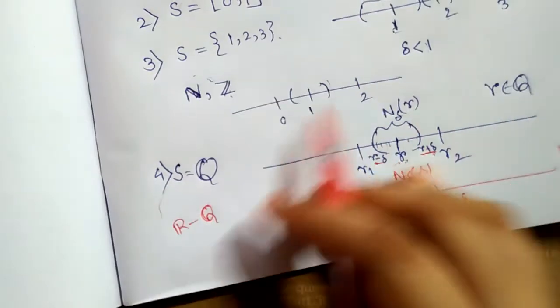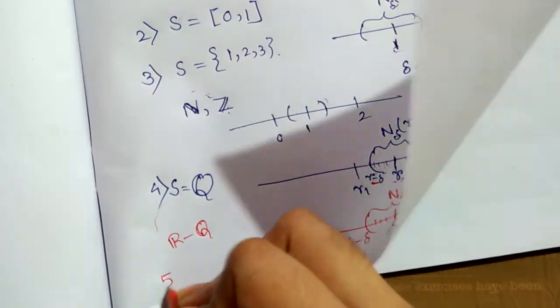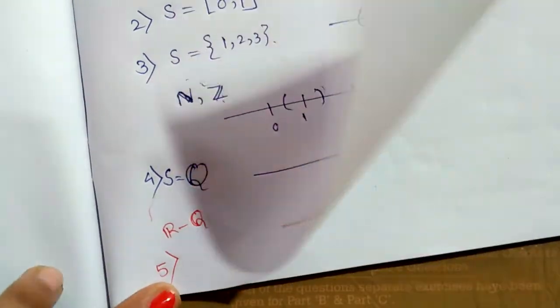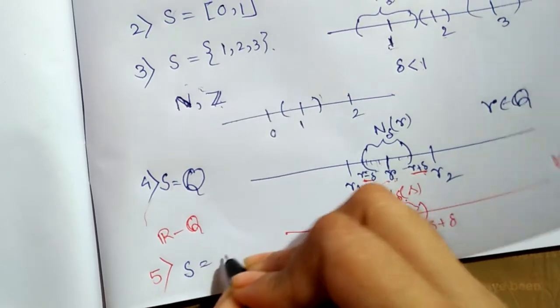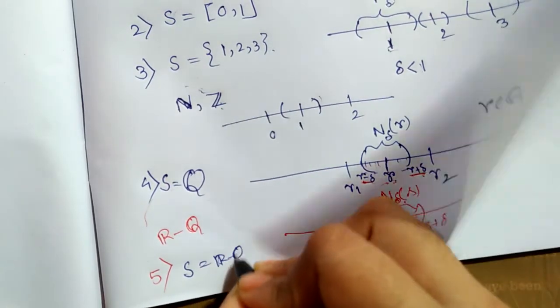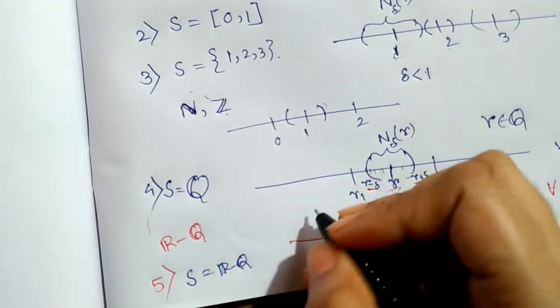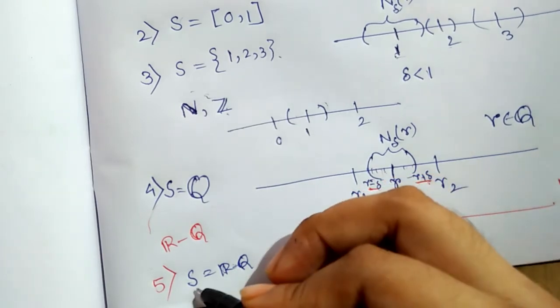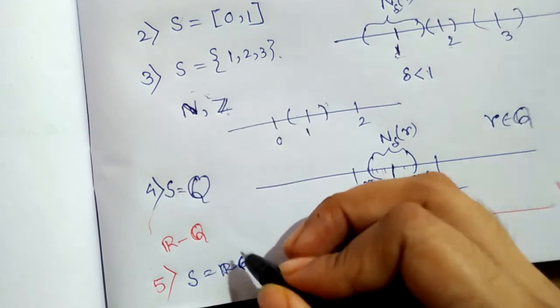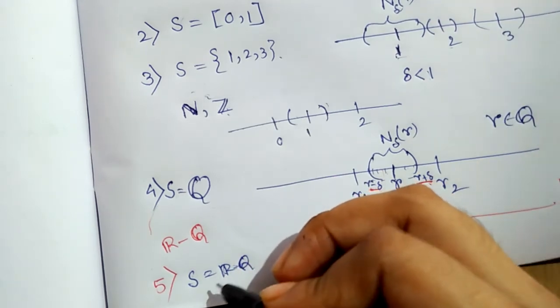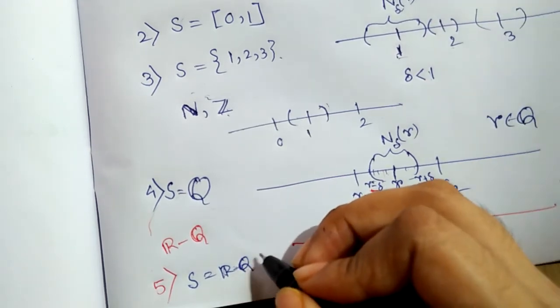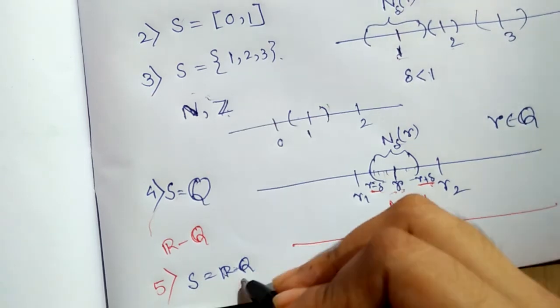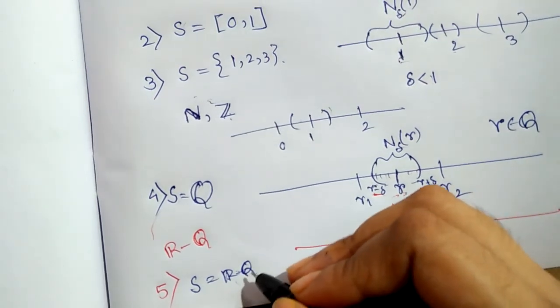Now if we take our fifth example, S equal to R minus Q, then by a similar argument any irrational number is a limit point of S, as well as any rational number. So any real number is a limit point of S if S is the set of all irrational numbers.